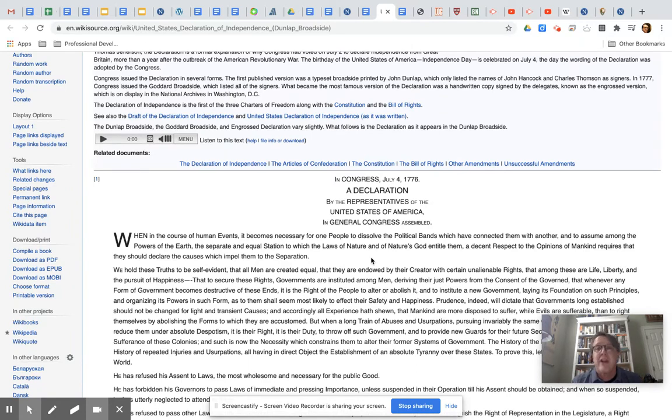Quite possibly John Adams. We know that John Adams and Benjamin Franklin were helpers of Thomas Jefferson in drafting the Declaration, gave him a lot of feedback, helped him kind of revise his drafts.